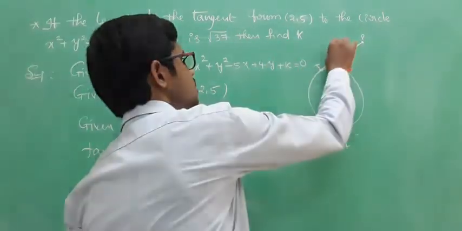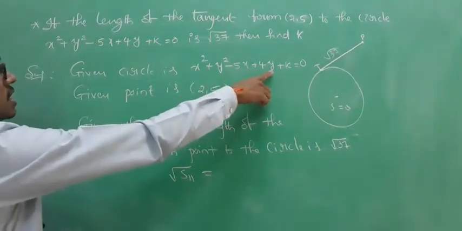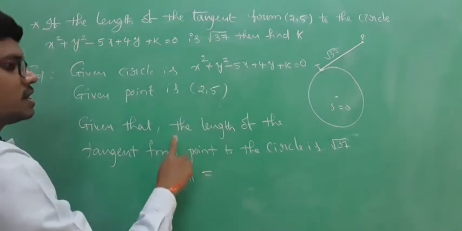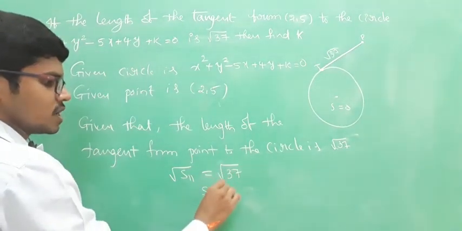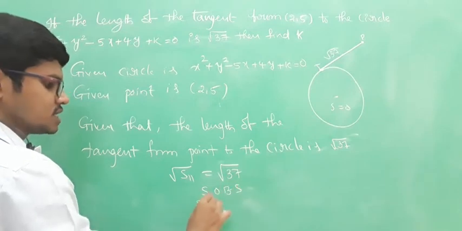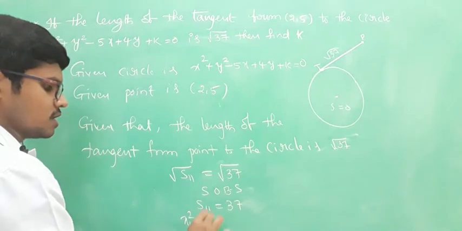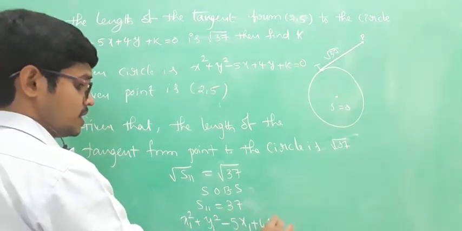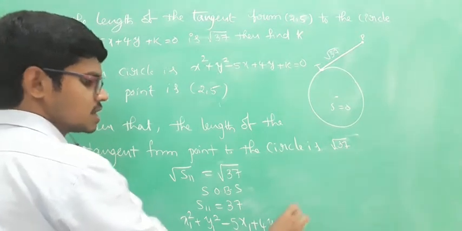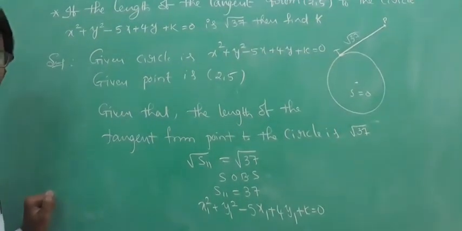So this is the circle equation and this is the point. Root S11 is root 37. Squaring on both sides, we get S11 is 37. What is S11? x1 square plus y1 square minus 5x1 plus 4y1 plus k.